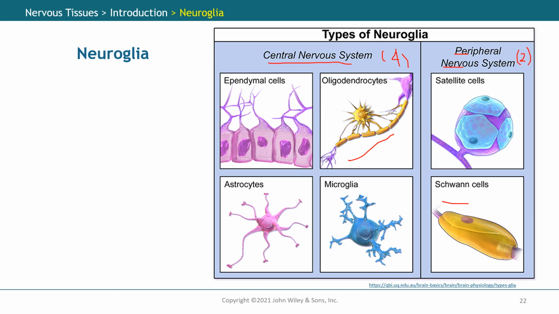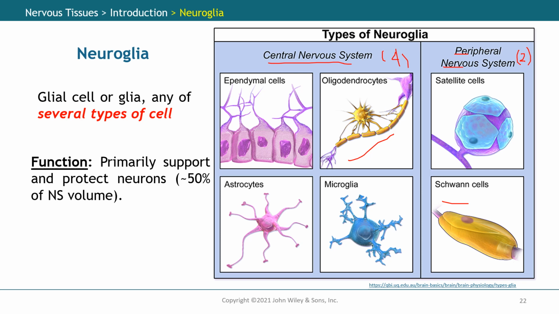And remember, if they get damaged, they have the ability to go through mitosis. In the nervous system, neurons, depending on the location, have a lower capacity to go through mitosis, or they do it much slower. So remember, the neuroglia can be called glial cells, glia, or neuroglia, and it refers to all the different types of cells that are involved in the following function: to support and protect neurons.